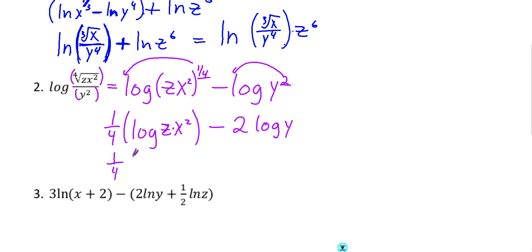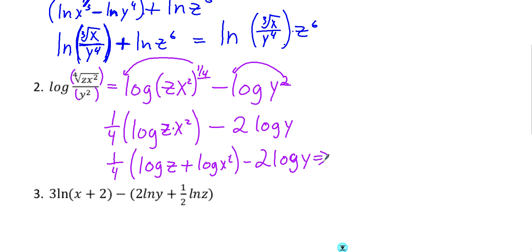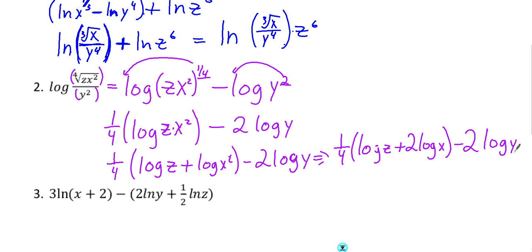So again, I'm going to use the product property, z plus the log of x squared inside the parentheses minus 2 log y. And now the last thing I have to do is move this exponent, so my final expanded log is 1/4 parentheses the log of z plus 2 log x minus 2 log y. And that's our fully expanded logarithm.